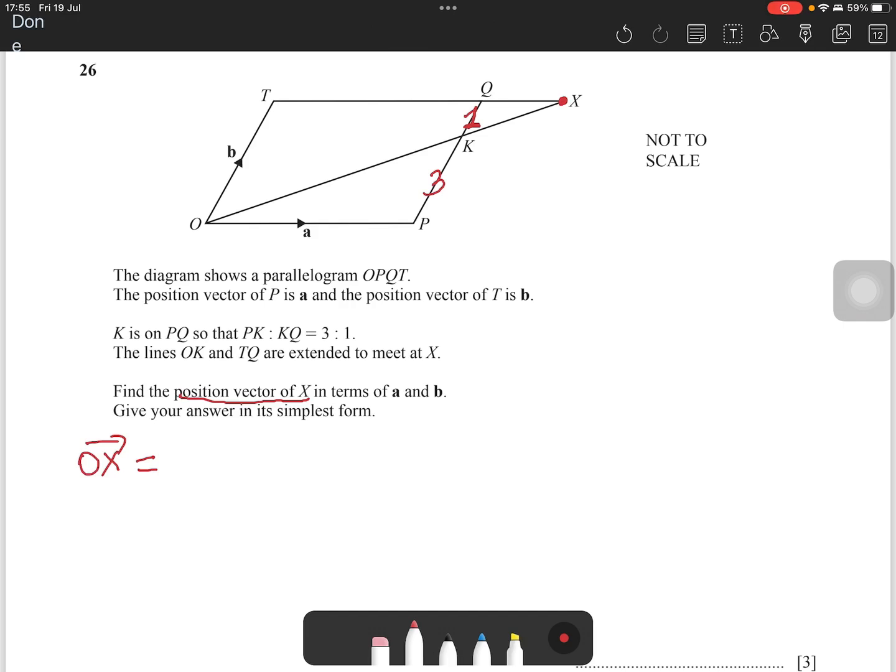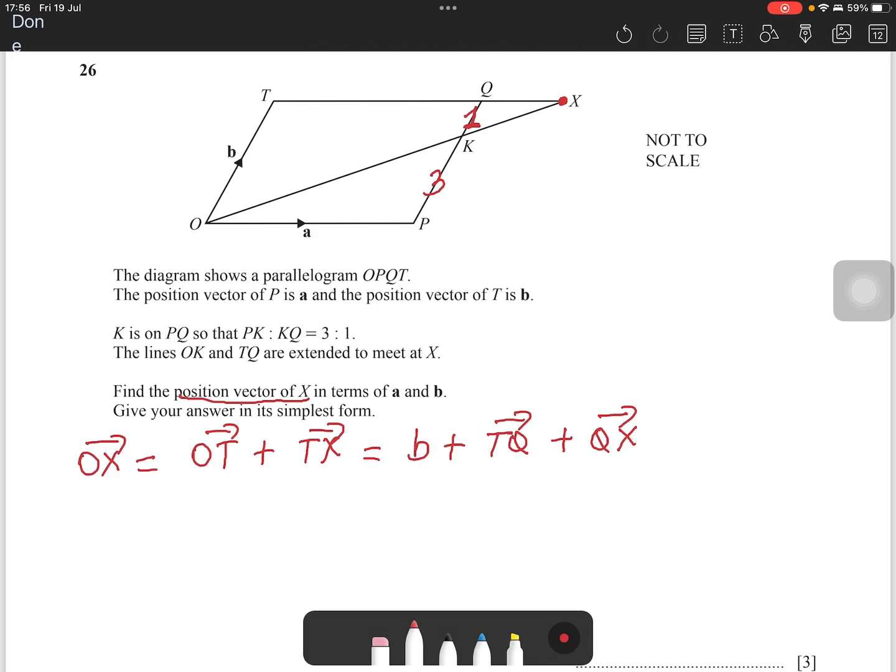So when we look at the diagram, the vector OX is equal to the vector OT plus TX, right? And the vector OT is B. The vector TX is vector TQ plus vector QX.